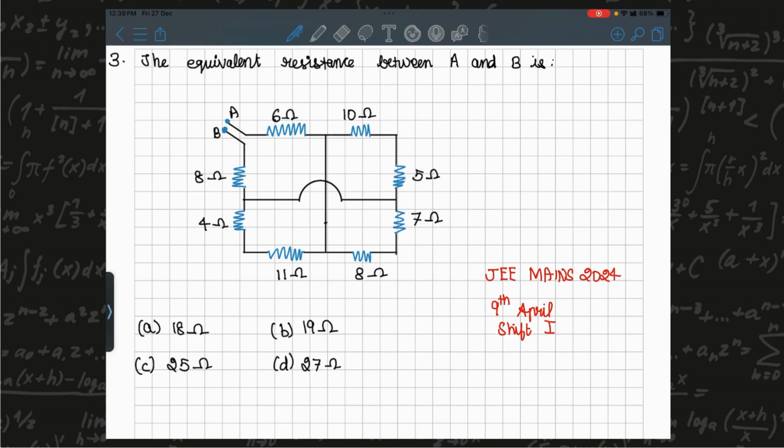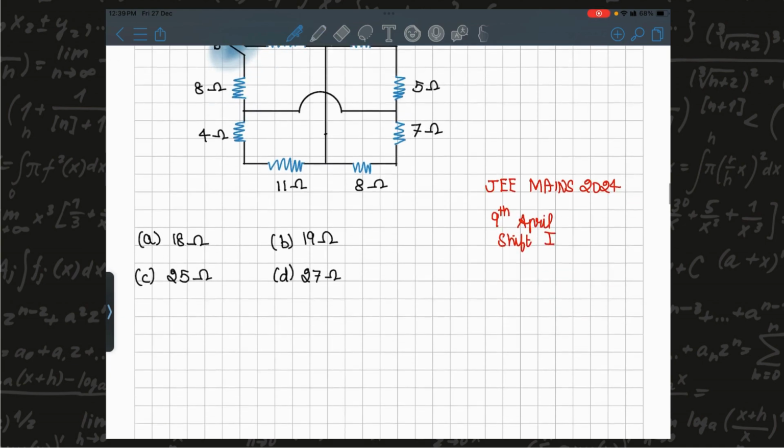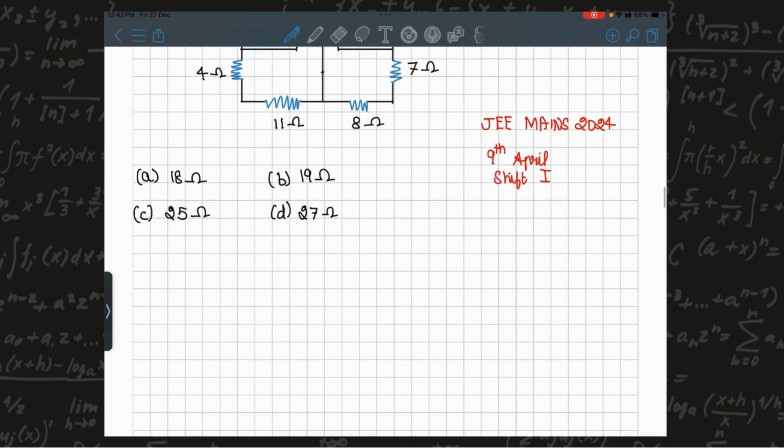Question 3 says the equivalent resistance between A and B is. So we'll have to find out the equivalent resistance between A and B. Okay, to solve this kind of question, forget that these A and B are terminals, but think of them as positive and negative terminals, that is your battery. I'll roughly draw the diagram now.